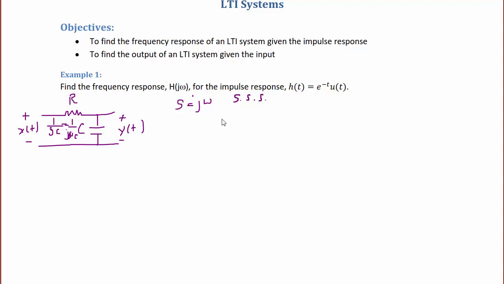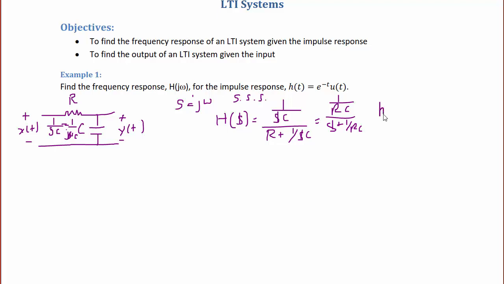So the transfer function using Laplace analysis, H of s, would be equal to 1 over sC divided by R plus 1 over sC, or we could write this as 1 over RC divided by s plus 1 over RC.